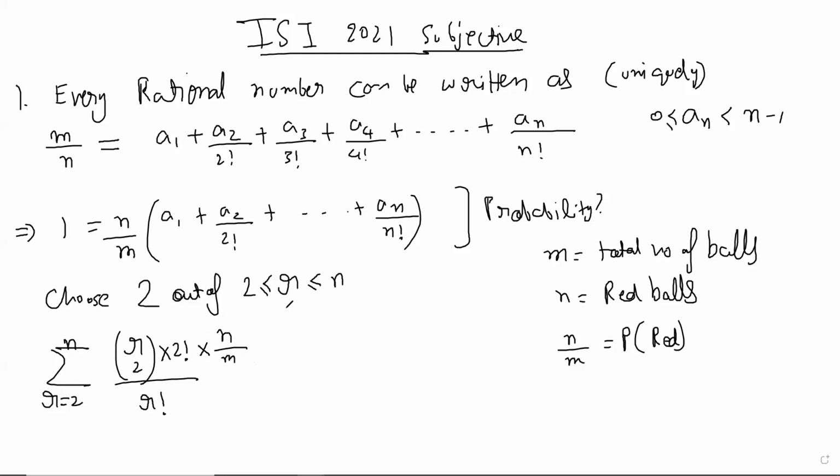Okay, but I'm not convinced. So, what is the event? Sorry, what is the experiment? So the experiment is just picking. What is the experiment? Yeah, that I need to understand first, right?